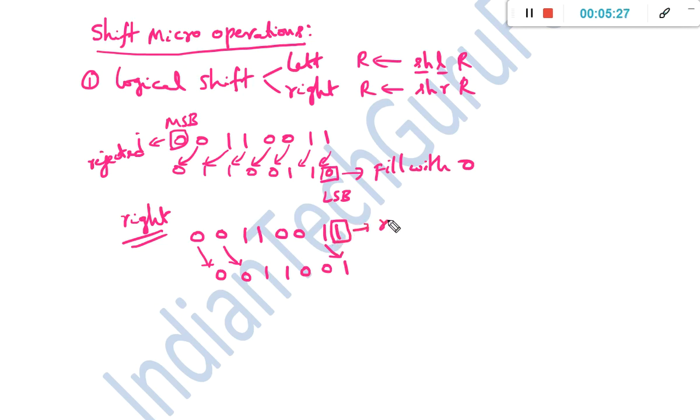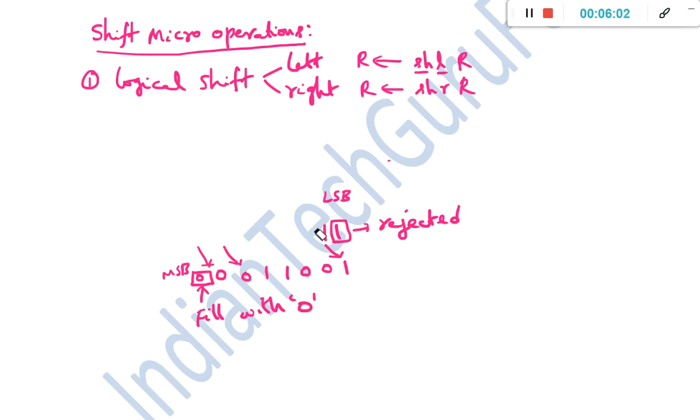This one will be rejected; I am not going to consider the value in the least significant bit. Then we need a value in the most significant bit, so I fill it with a 0. The most significant bit is filled with 0. Like this we perform the logical left shift operation as well as the logical right shift operation.